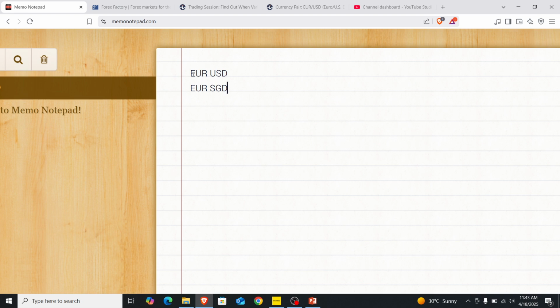Now this is euro and this is USD, and SGD is simply just the Singapore dollar. Now we will not be trading the EURSGD, we're only using it as a confirmation to trade our EURUSD buy market, right? So what we're looking for is buy signals, right, or buy entries for the EURUSD.